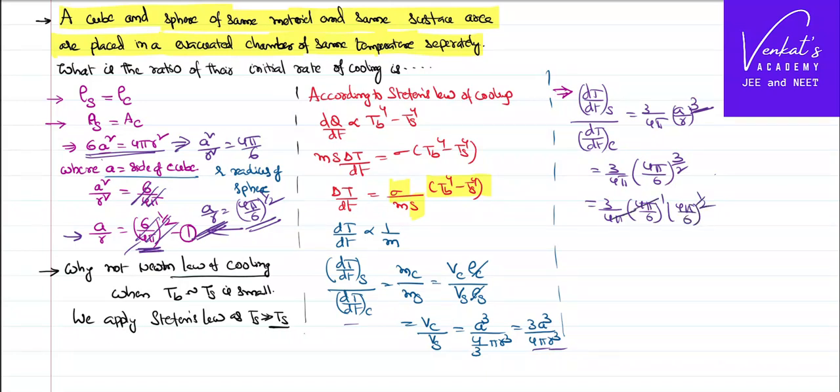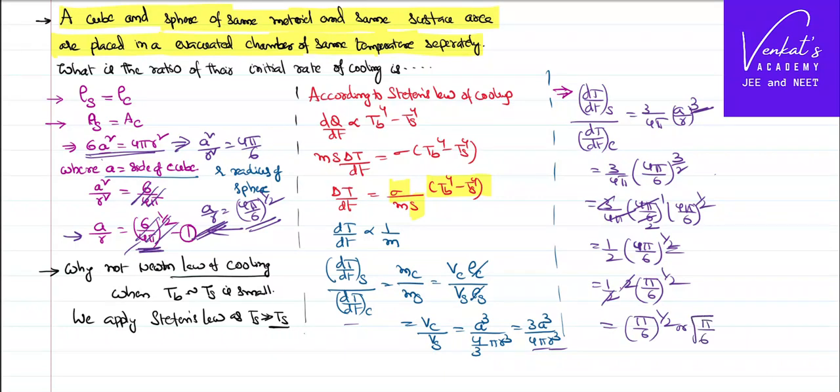This 4 pi can be cancelled. 3 and 6 gives 1 by 2. So 1 by 2 times 4 pi by 6 whole power of half. We get the 4 out of this square root, it becomes 2. Remaining is pi by 6 power of half. This and this can be cancelled. So the ratio is pi by 6 power of half, or square root of pi by 6.